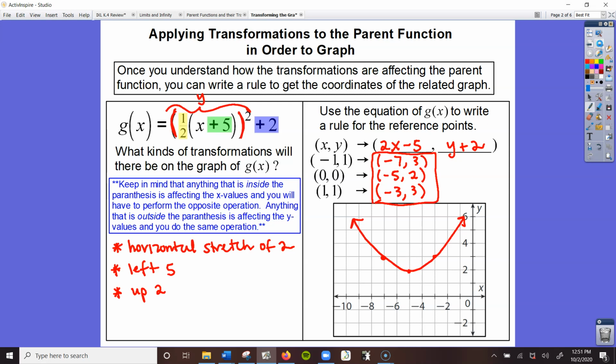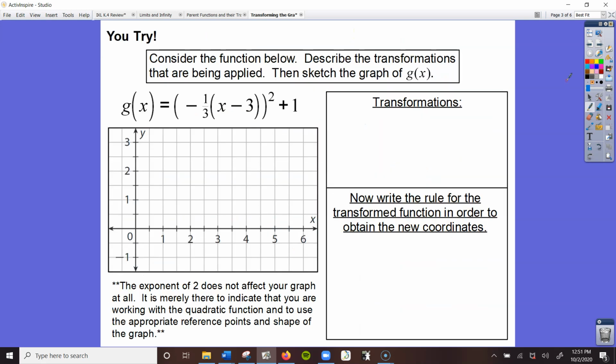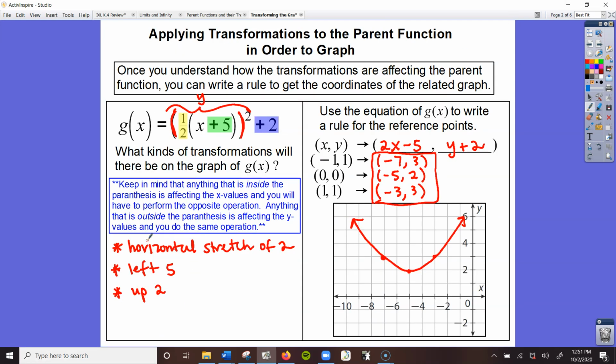So now we're just going to practice with a few other examples. We're always going to start off the same way. We're going to write out the transformations. And the reason I do that is not only just so that we know what transformations are being applied, but additionally, if I know what these transformations are, and I look at my graph, it should reflect what those transformations are saying. So the horizontal stretch of 2, you can see that it was widened out.